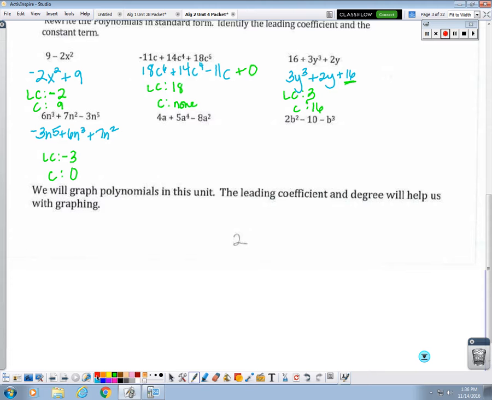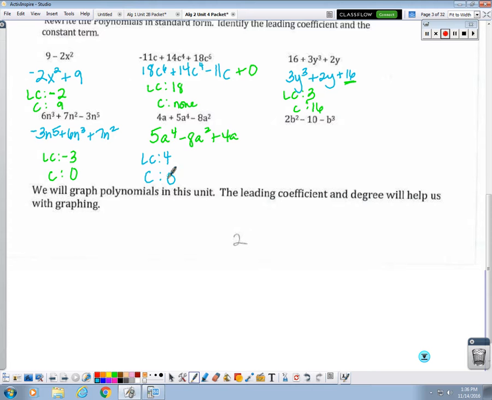Okay, then the next one. Okay, so what's the leading coefficient? Right. And what's the constant? And then what's the degree? 4. Remember, your degree is your highest exponent. Your leading coefficient is your first coefficient as long as it's already been in standard form.